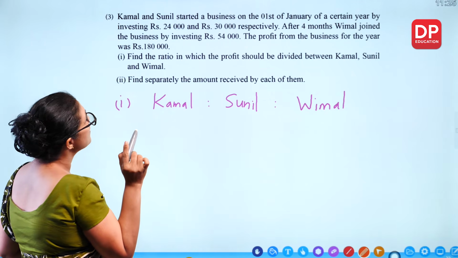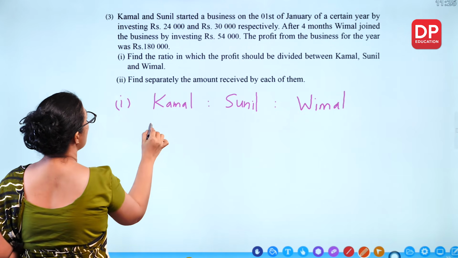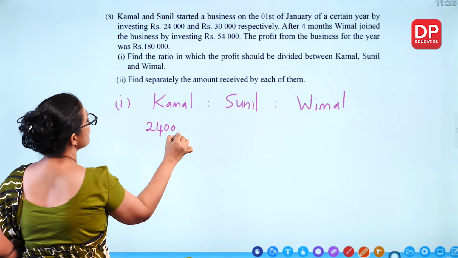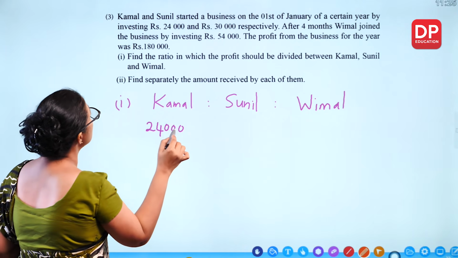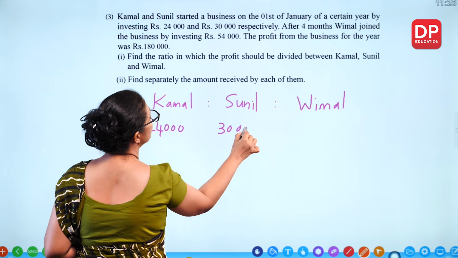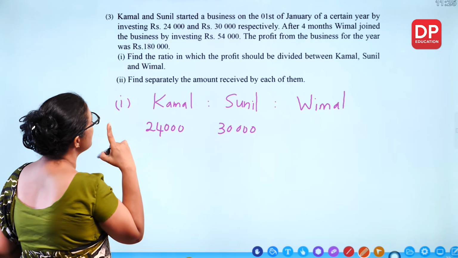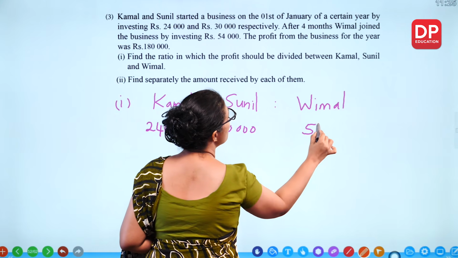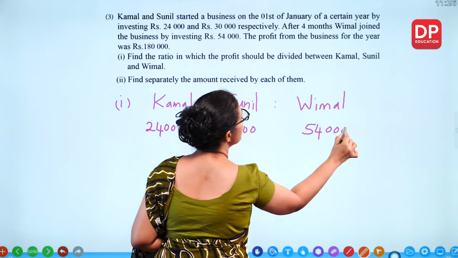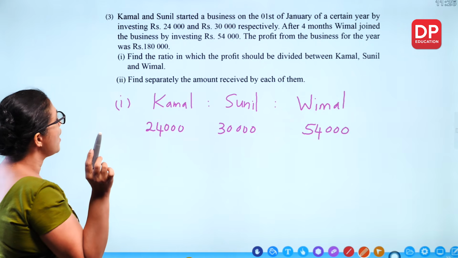So what's the invested amount? 24,000. That's Kamal. Sunil invested 30,000. And Vimal invested 54,000 rupees. Now look at the time period. 1st January started.